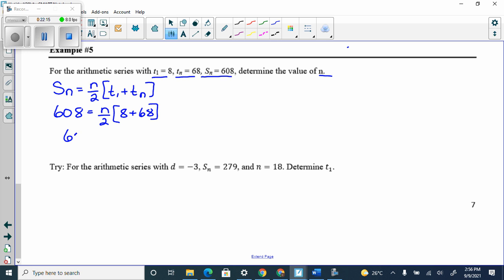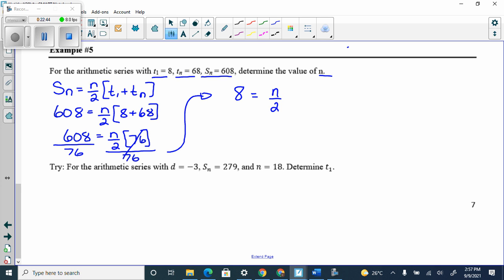So I get 608 equals n divided by 2, bracket 76. Divide 608 by 76, and what do you get? 8. Thank you. 8 equals n divided by 2. And then we have to times it by 2. n equals 16.